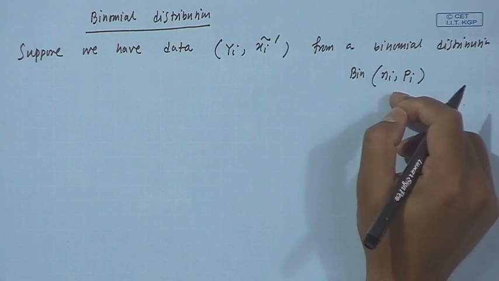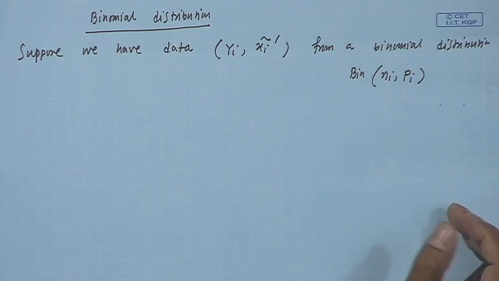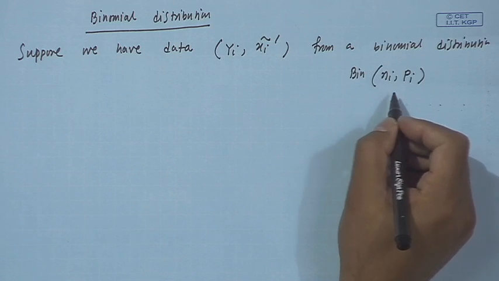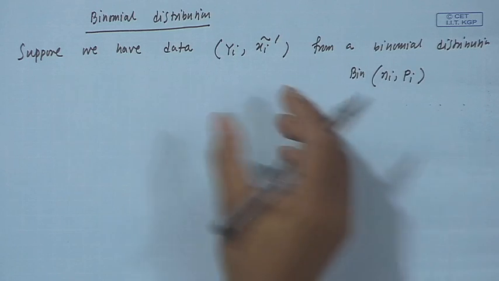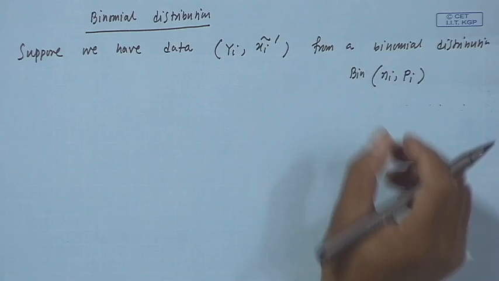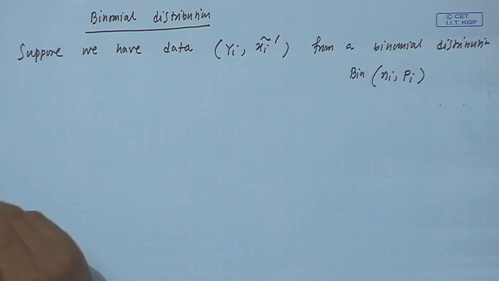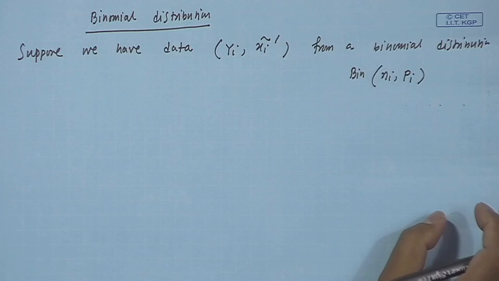Instead of theta I am writing p_i. So, p_i is the parameter of interest and the n_i's are nuisance parameters. Okay. So, I have a set of observations from binomial distribution, then how to fit a model. I already talked about this one, but I will write it very clearly here.